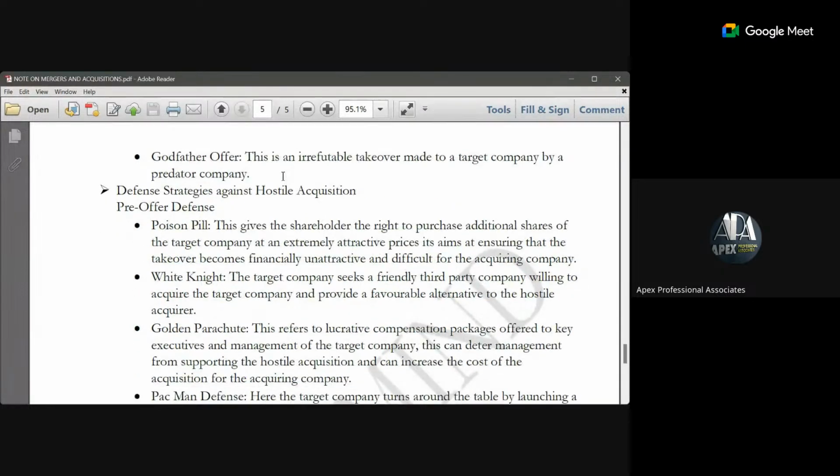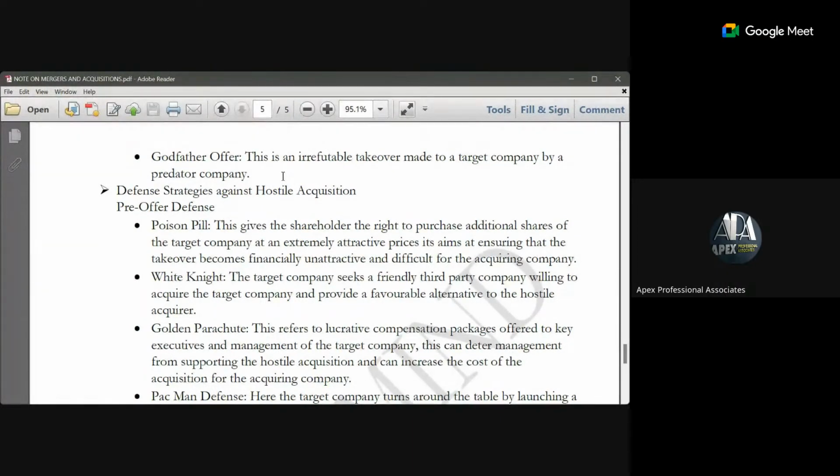Now we have the poison pill. This gives the shareholders the right to purchase additional shares of the target company at an extremely attractive price. It aims at ensuring that the takeover becomes financially unattractive and difficult for the acquiring company.